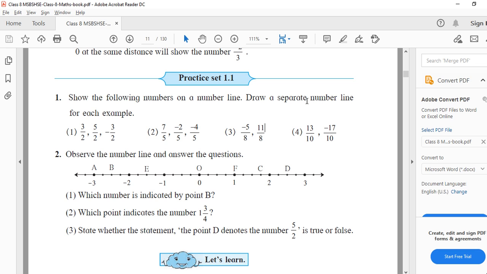Now the denominator over here is 10, so that means there would be 10 points between 0 and 1, 9 points between 0 and 1, and the 10th point will be number 1.